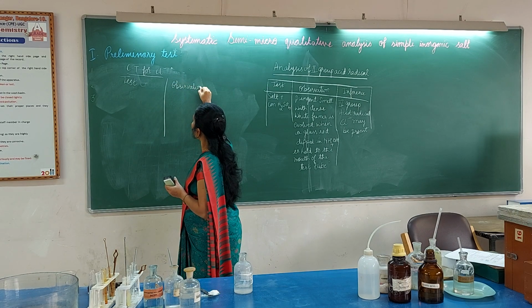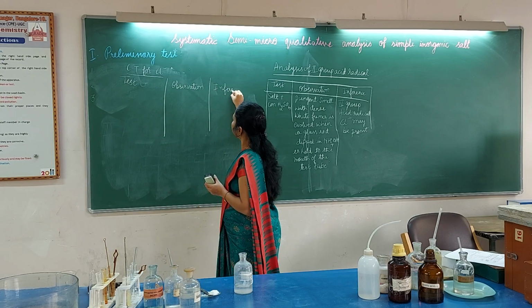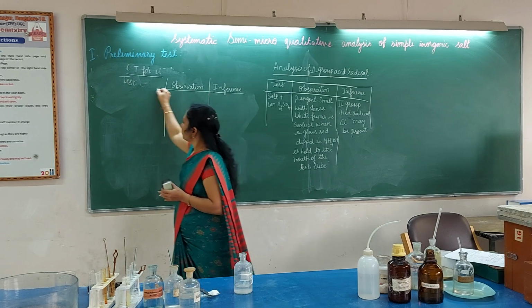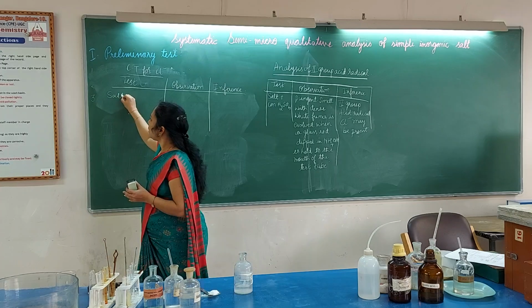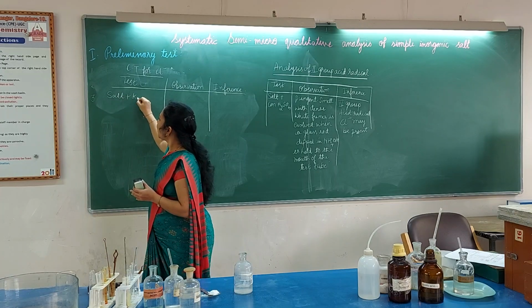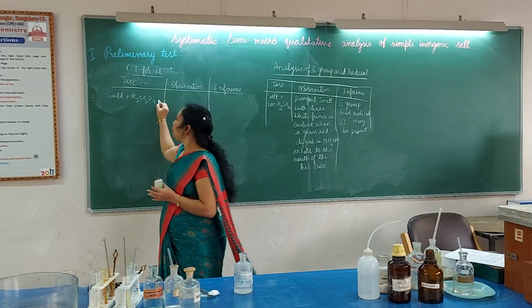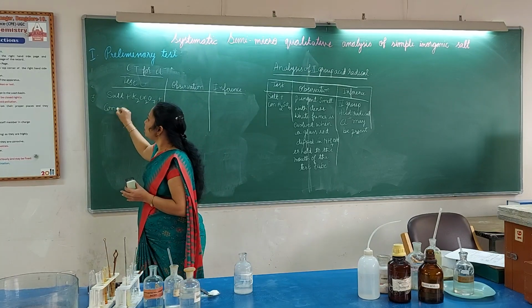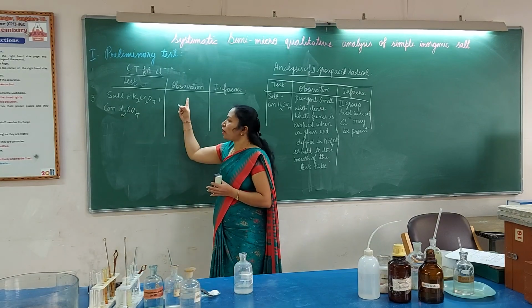observation, inference. So here we have added salt plus K2Cr2O7, that is potassium dichromate. To this we have added concentrated H2SO4 solution. So what have you observed?